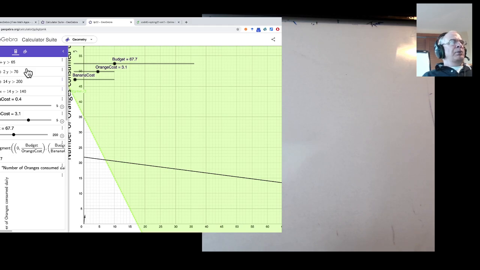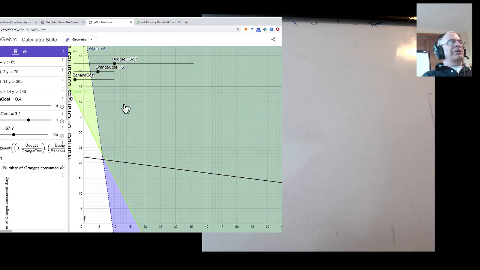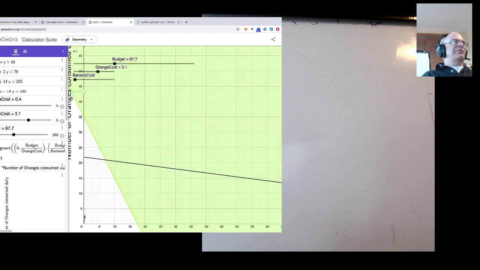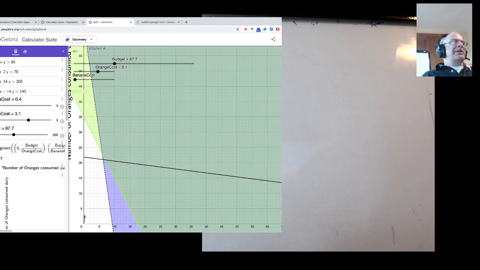Now, if you want to find XY that satisfies the requirements of both vitamin A and vitamin B, you need to take the region from vitamin A and the region from vitamin B, and every diet that is in both regions corresponds to diets where both vitamin A and vitamin B are satisfied.